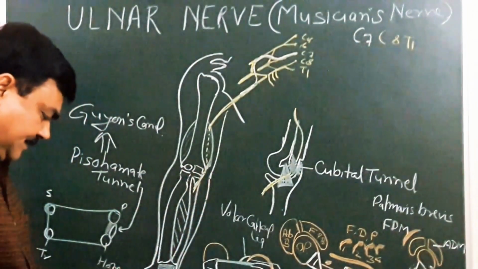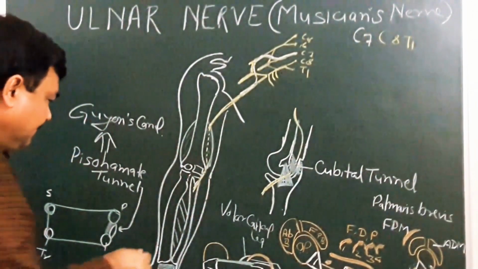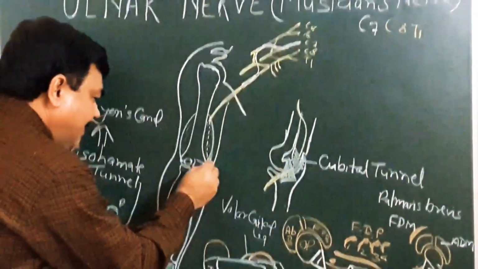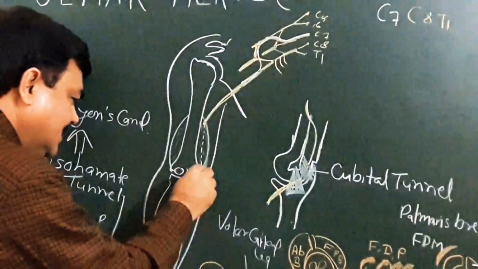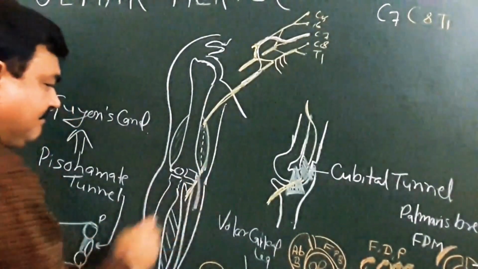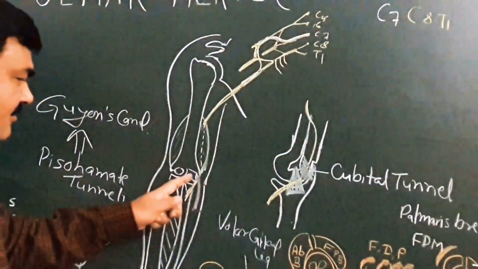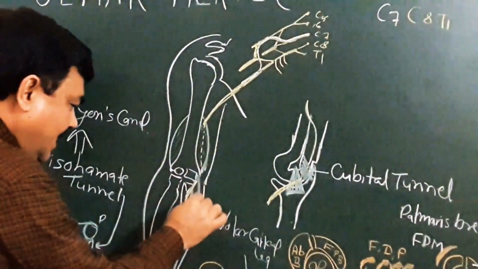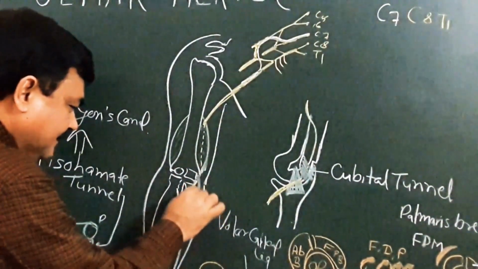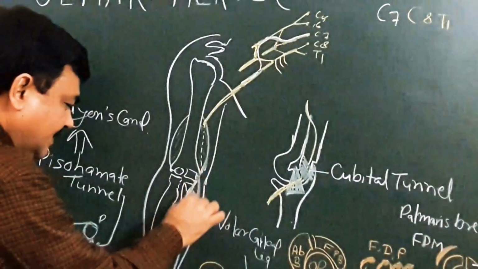And here, in this forearm, there is flexor carpi ulnaris. This is flexor carpi ulnaris, which has an ulnar head and a humeral head. This is the humeral head and this is the ulnar head. So it has two heads.